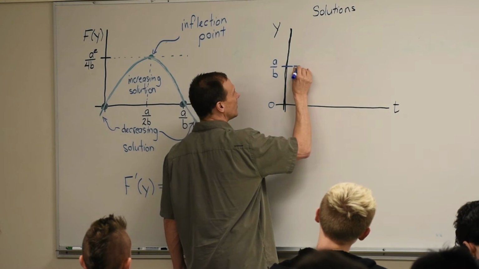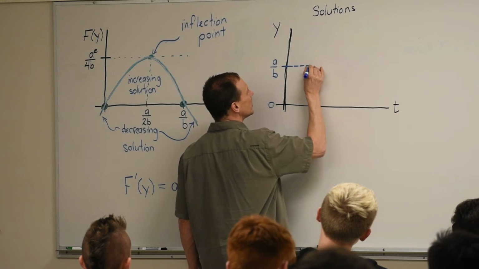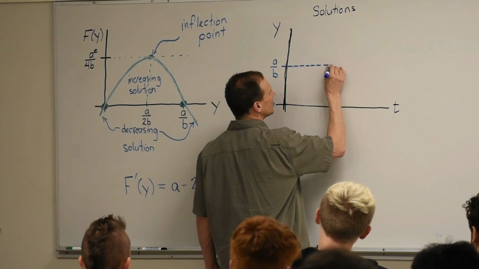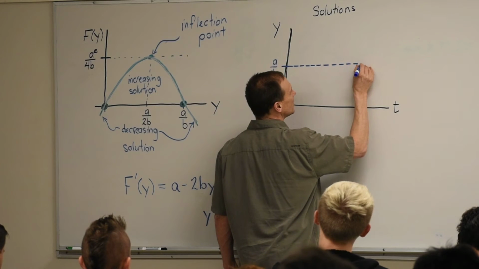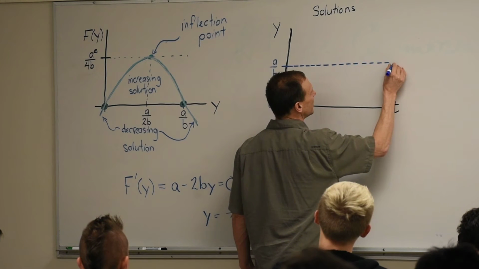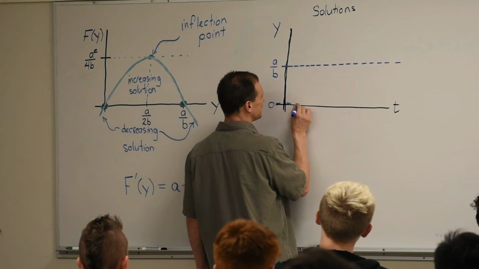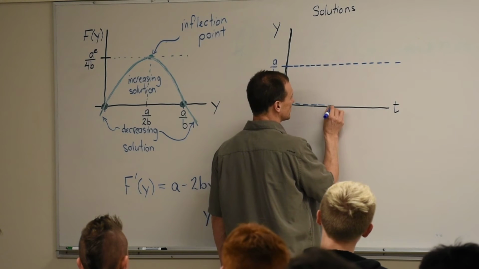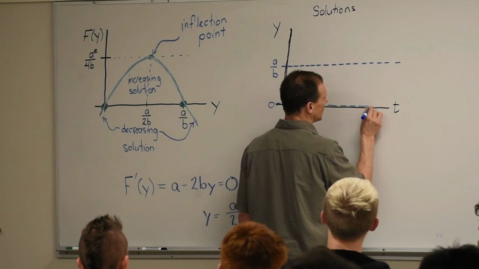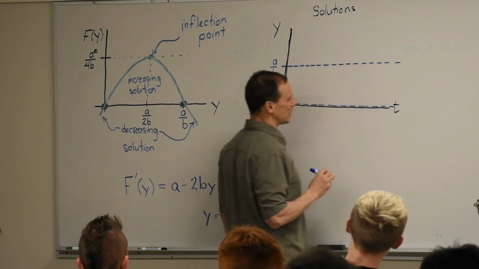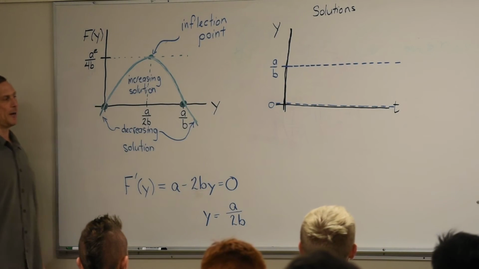And all I know about those is that any value of my function, when y is a over b, my solution is going to be 0. So these are my steady states. So when I get close to those, it's going to approach that.